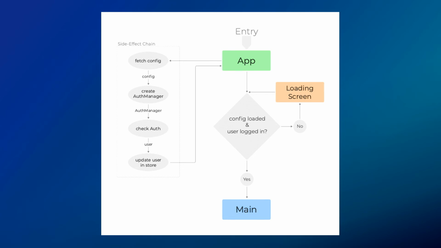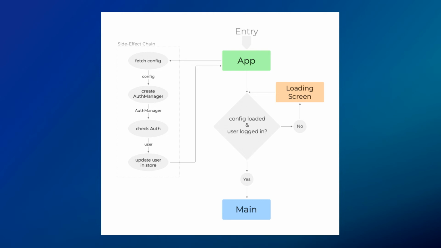You're running through a side effect chain to grab your configuration file and to set up this class that kind of floats out in the global space called an auth manager, authentication manager, and it's going to start up the JavaScript API with the modules it needs to run authentication, and that's so that it can authenticate before the rest of the app loads if you need to gate your application.